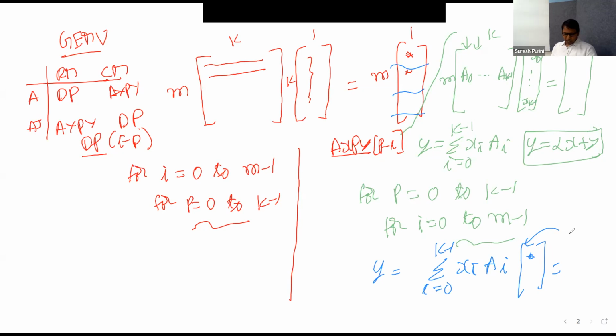Okay, so let's move on then. This is the summary for GEMV, and the important thing is whether to use the DP formulation or the AXPY formulation in order to increase the memory locality, and that's what we are looking at.